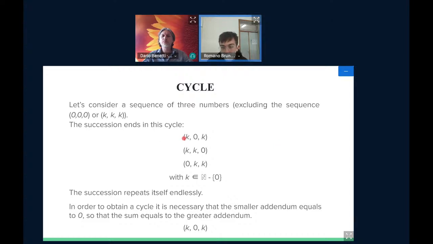So in this case, k plus 0 equals k. So this is a cycle where two numbers are equal and there is a 0. And this goes on and on, as you can see, because at some point this 0 will move and the two numbers will still be equal.